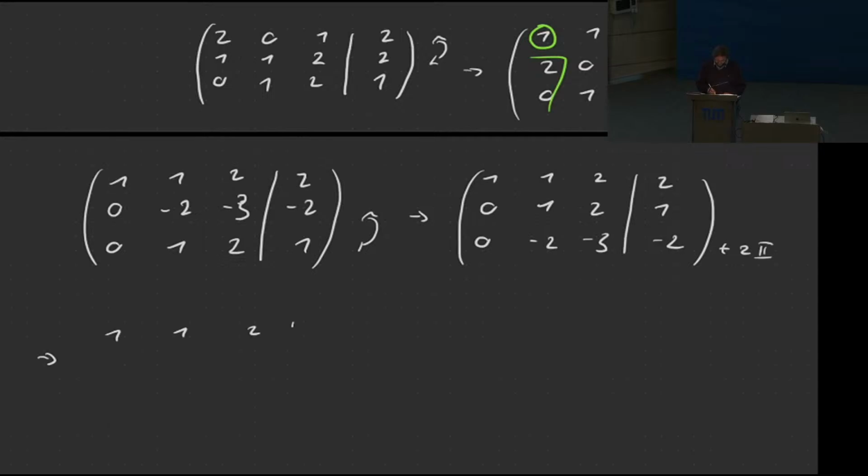So I get, let's see, I copy the first 2 rows. And here I get 0, 0, 1, and 0. And now I have row echelon form, so I can now solve my equation system.